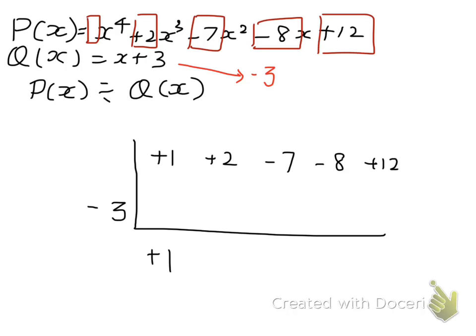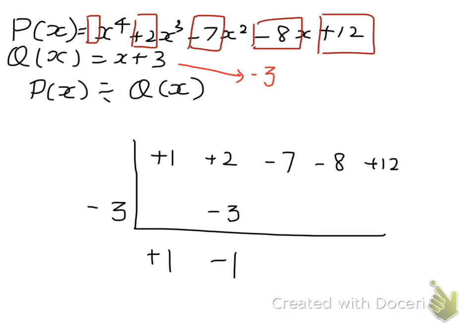So next, what do you need to do? You multiply this and put it in the second column, which is negative 3, right? And then after that, you add this and put it down here, which gives you negative 1.